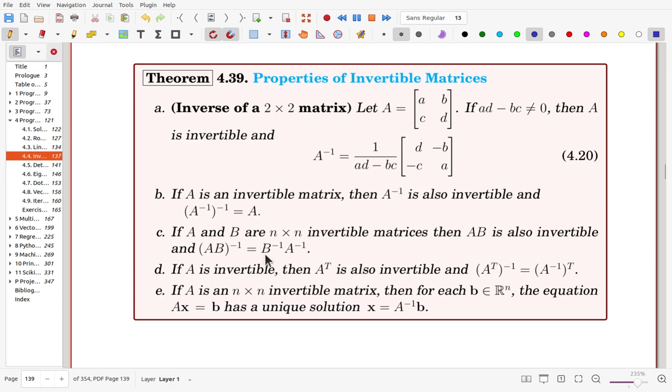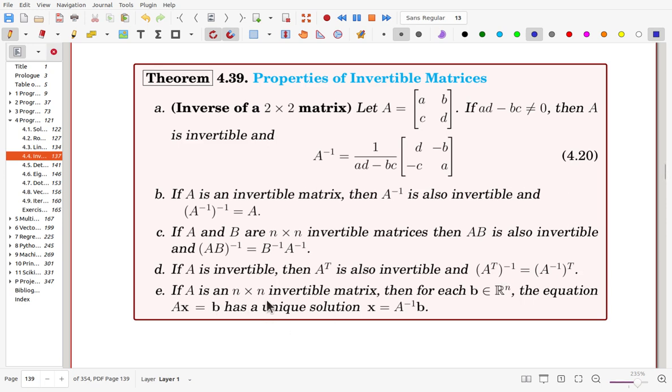Be careful, you have to change the order: AB, but here B inverse, A inverse. We'll not prove that, but it's a well-known fact. If A is invertible, then its transpose is also invertible, and transpose and inverse commute, so that you can take the inverse first and then transpose, or transpose first and then inverse.